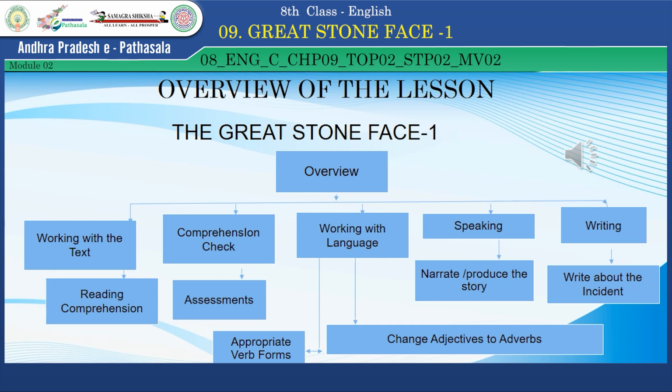Under speaking, there would be narrating the story, and under writing, we learn writing about an incident that happened in the lesson. Now, let's have a glance at the learning outcomes you achieve at the end of the lesson.